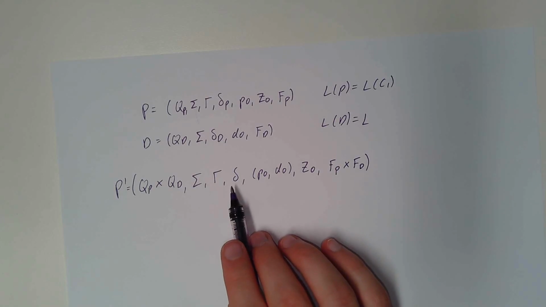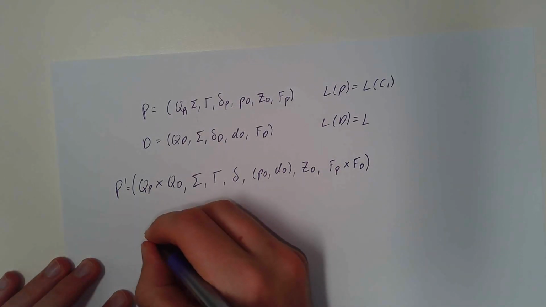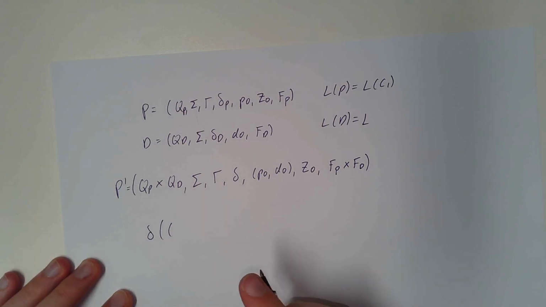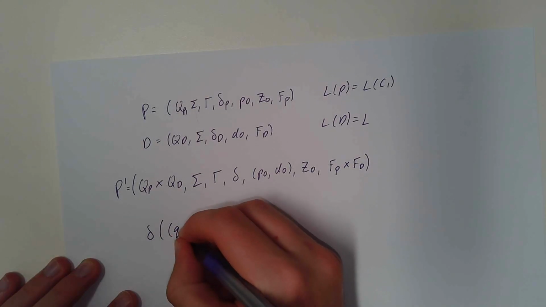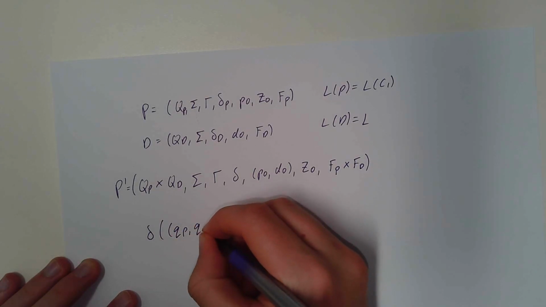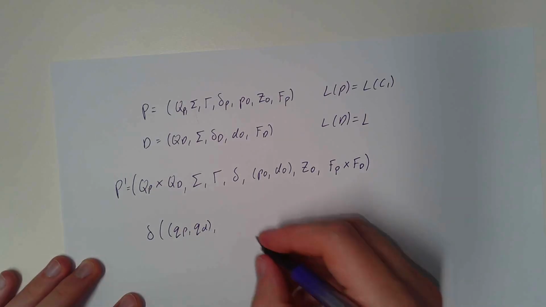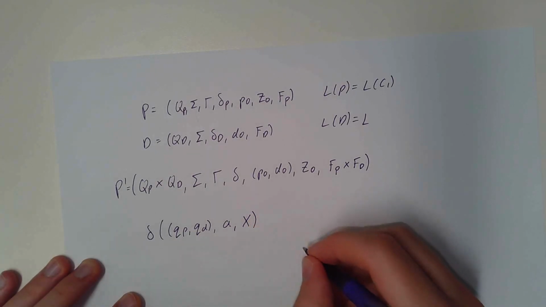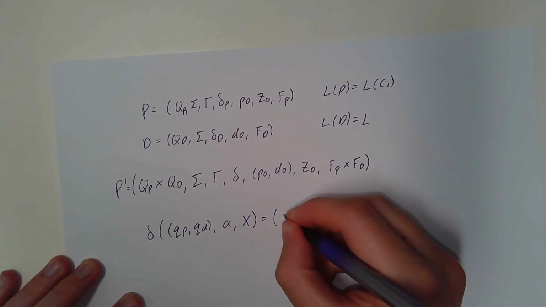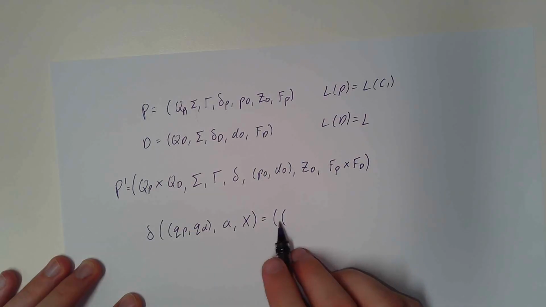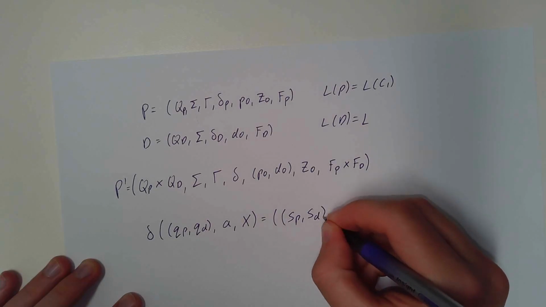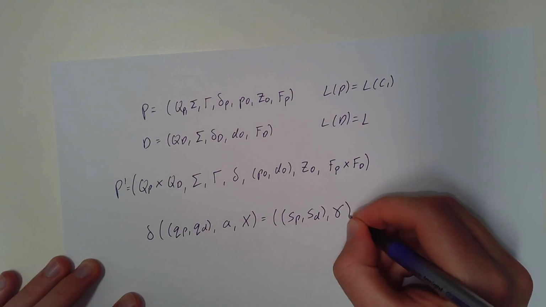So now the tricky part is defining the action of the machine. If I'm in some state, and again we're talking about pairs of states here, a state in P and a state in D, and I read a character from the input and I see some other character on the top of the stack, what am I going to do? Well, I'm going to transition to some other state, SP, SD, and push something onto the stack, gamma.